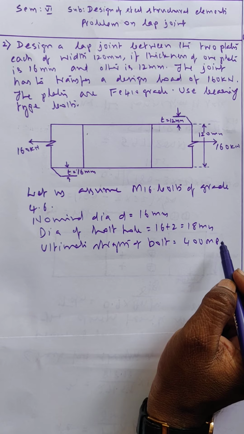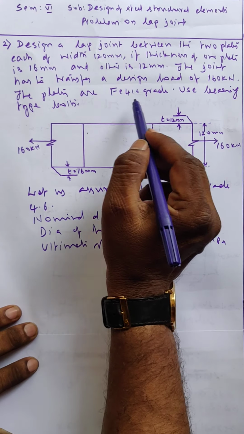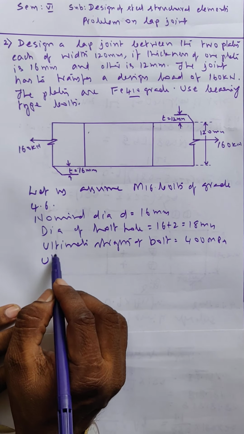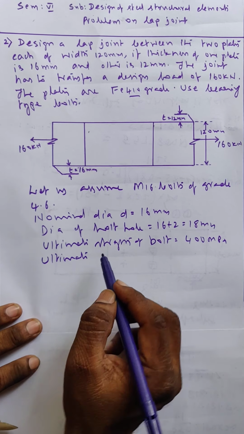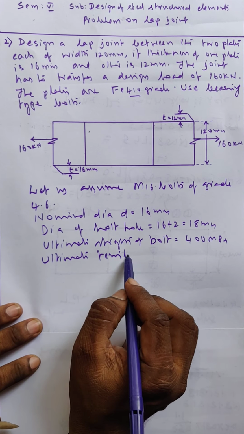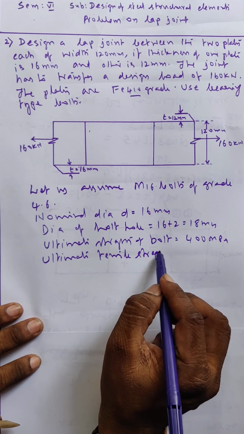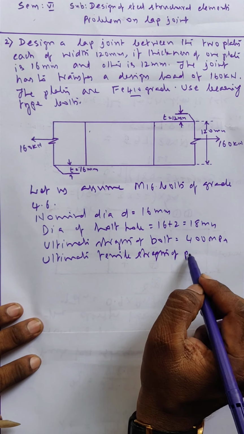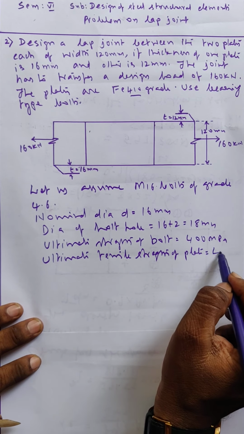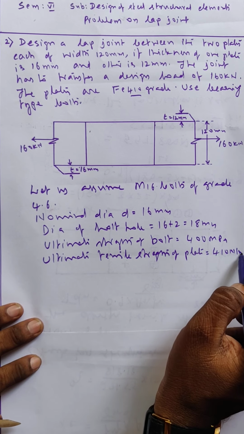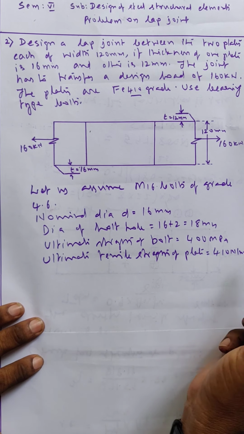Now, the ultimate tensile strength of the plate is given as 410. Ultimate tensile strength of the plate equals 410 Newton per millimeter square.